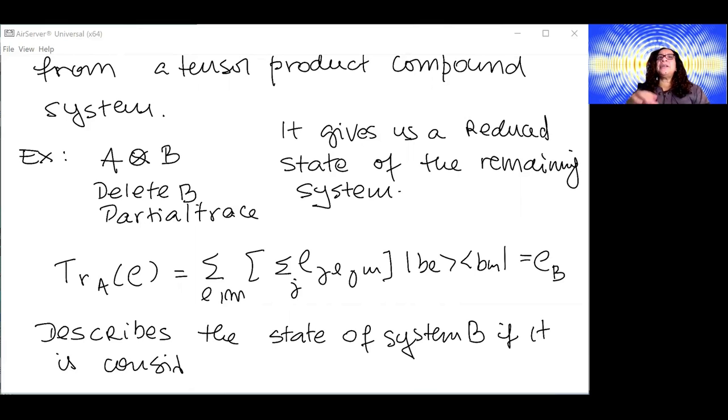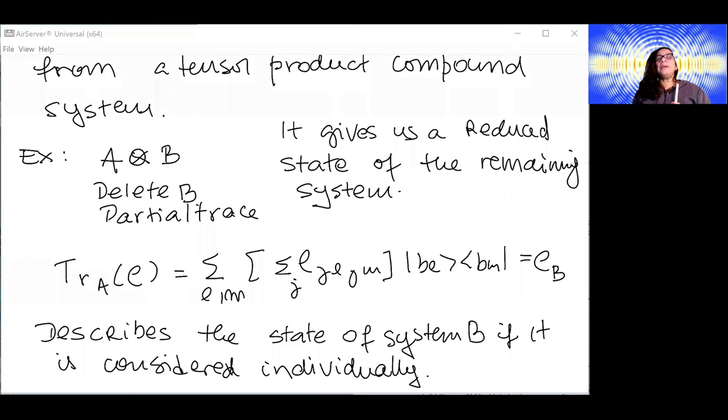For instance, if you are working on a research problem, you have probably already heard that sometimes you integrate over degrees of freedom, or you integrate over things you don't need to see, to focus on the system which is going to give you the information.